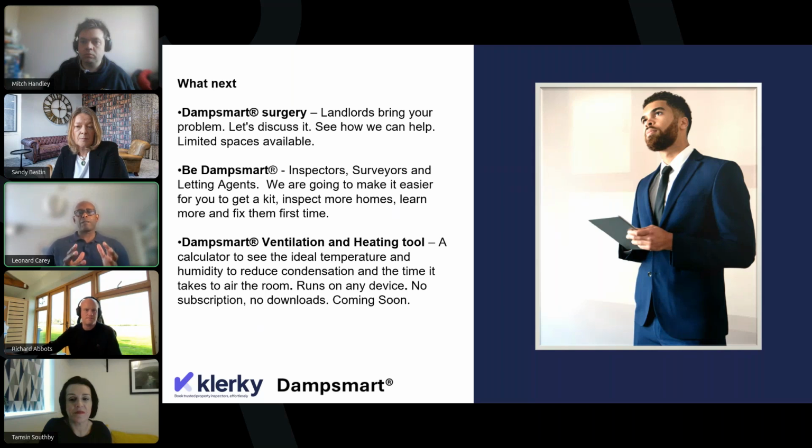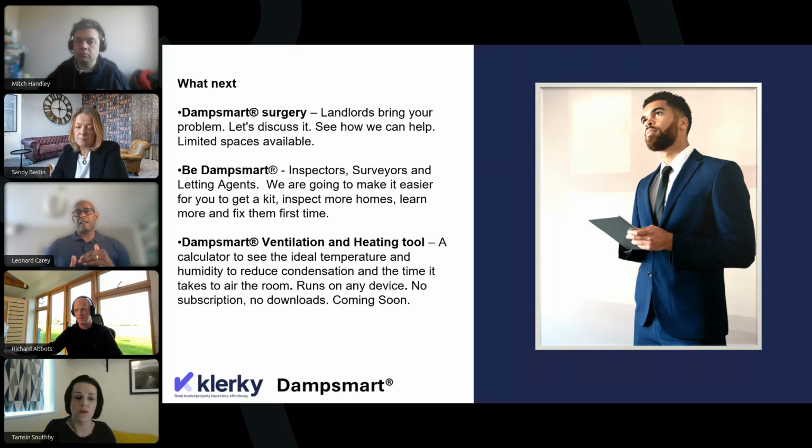It's all about, and I think Tamsin spoke about it as well, once you understand that combination of what's going on with the fabric of the building, the ventilation, the heating, the moisture, then you start to feel a little bit more empowered to make better decisions. And we want to, with the help of TDS and with the help of Klerky, start to have that bank of knowledge and data that you can all refer to.